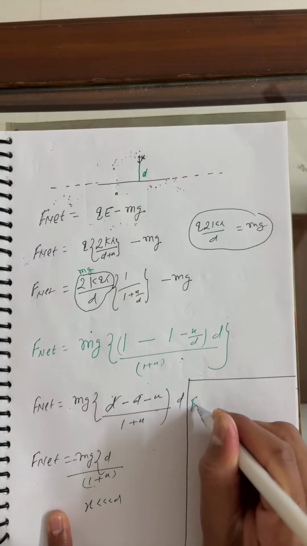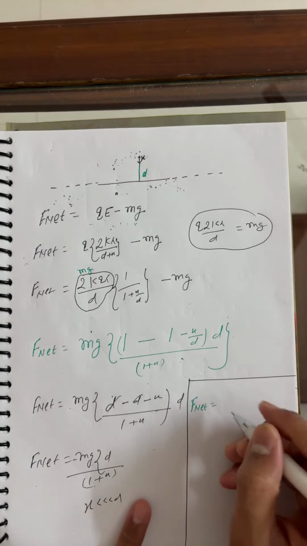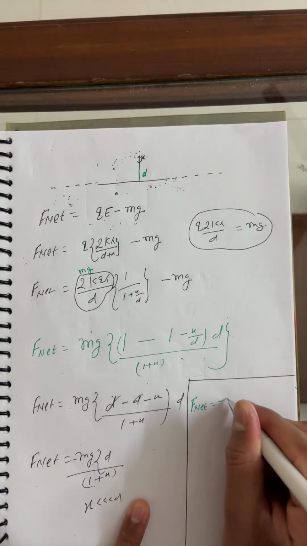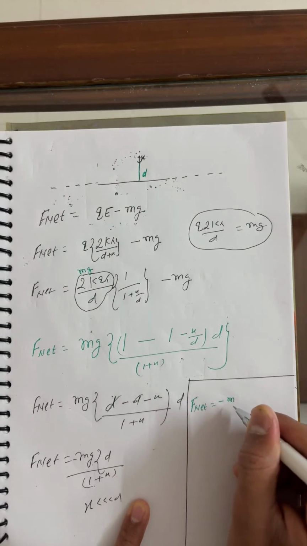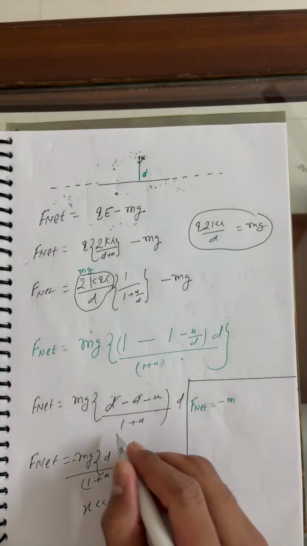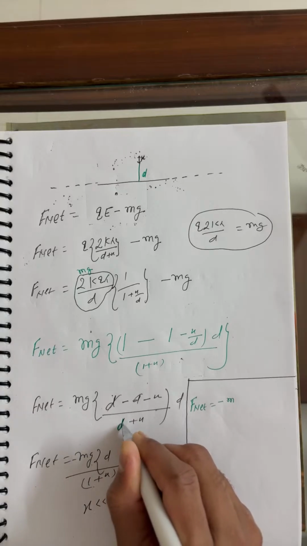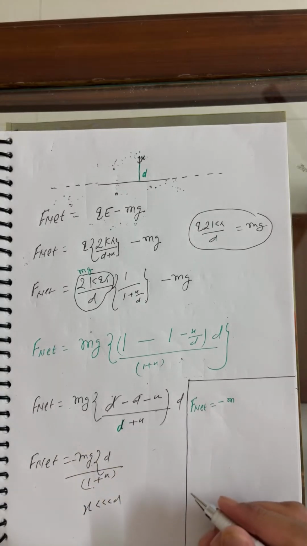Finally you got F net equals minus mg times x over (d + x). So x is ignorable, and in the denominator d + x is just d, since x is negligible.